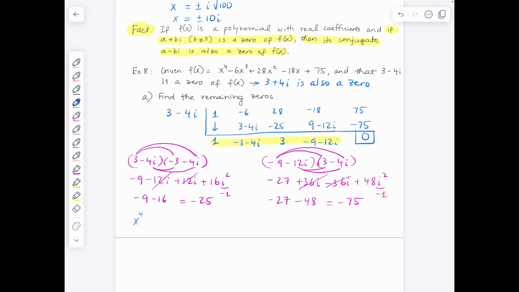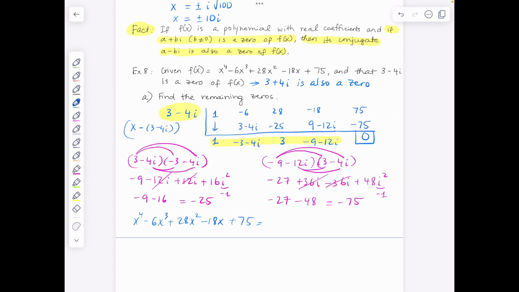If we were to take this function, f of x, and you were to divide it, or think of it as factoring. If we factor, first of all, since this is a 0, that means the corresponding factor would be x minus that 0.